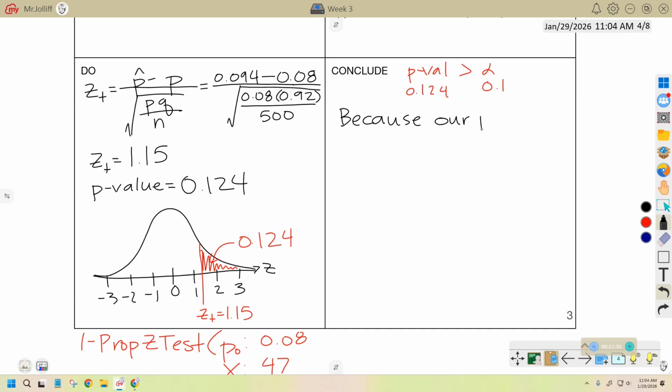Because our p-value of 0.124 is greater than our alpha, we fail to reject the null.